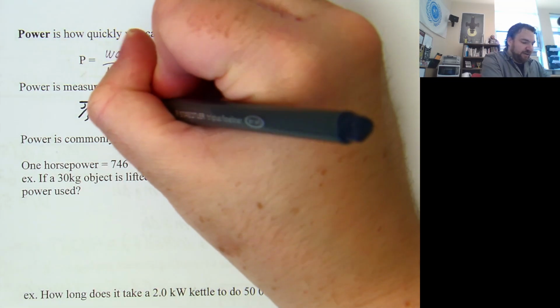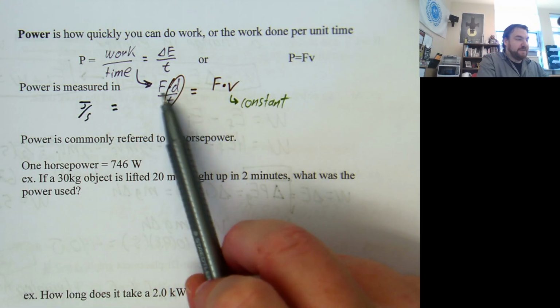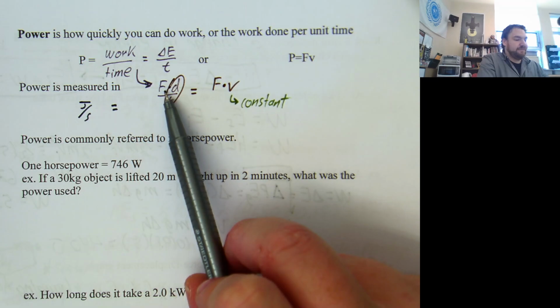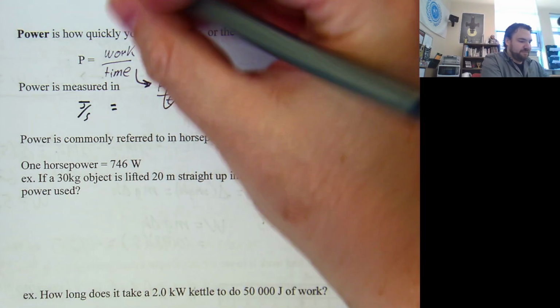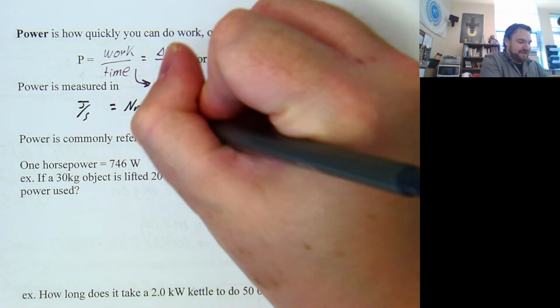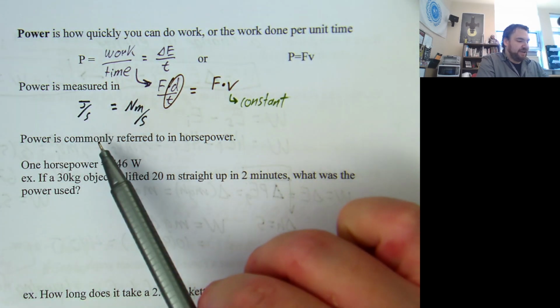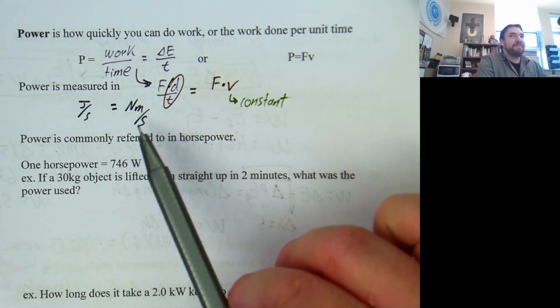Or if you look over here, F is measured in newtons, d is measured in meters, t is measured in seconds. So power is either going to be measured in a joule per second or a newton meter per second.